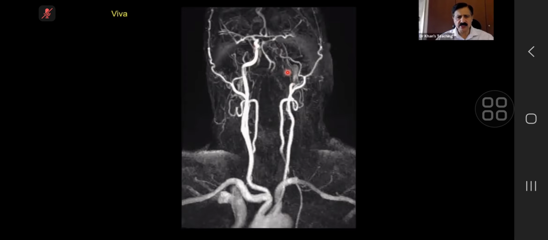It's as simple as that, the ICA is completely absent. A portion of this is the vertebral, but a portion of it is out of this scan plane, so it is not visible. But here, you can see the vertebral and the basilar. The main point is that the left-sided ICA is gone.